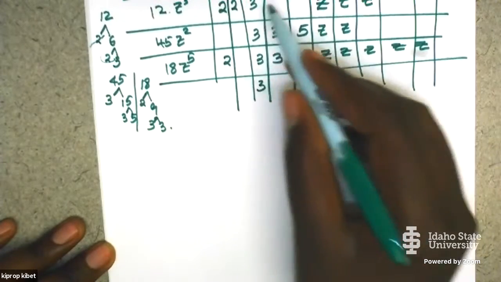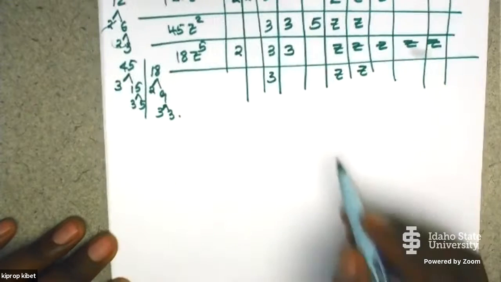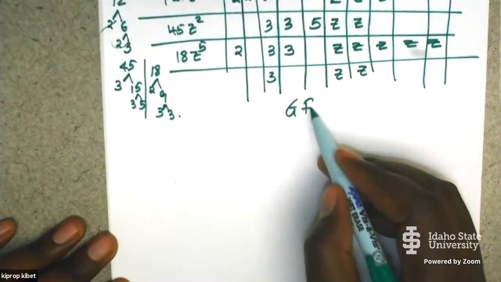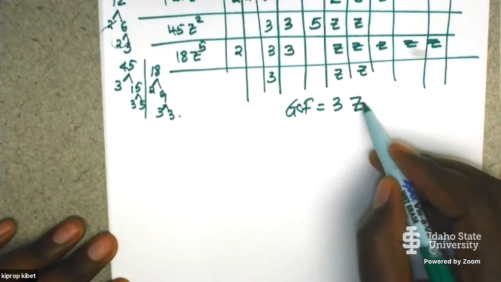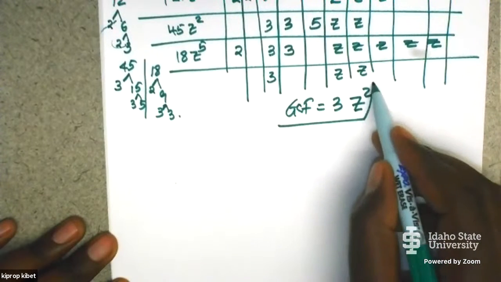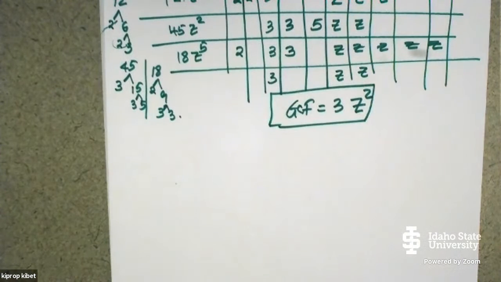Do you have another common one? And then Z. So our greatest common factor is 3Z squared. 3Z squared. Any question after that? Any question? Okay.